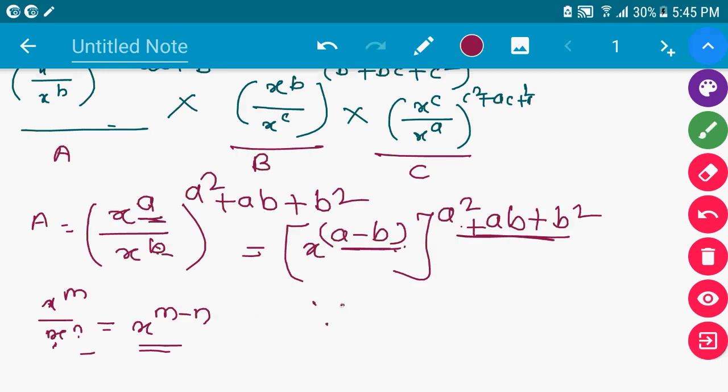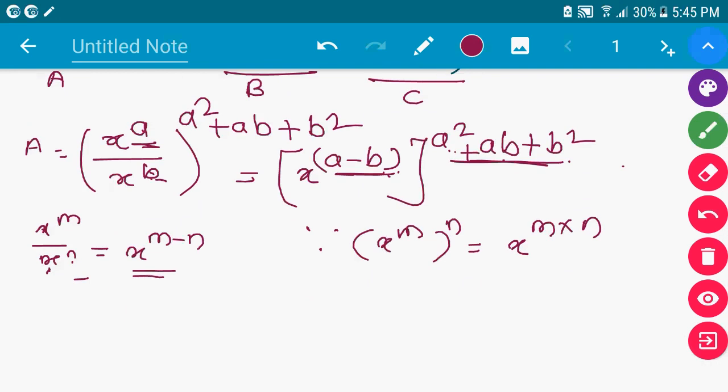So again remember one thing, x raised to m raised to n, if there is such a condition, we multiply both the exponents. So here also we will multiply a minus b with a square plus ab plus b square on the head of x.